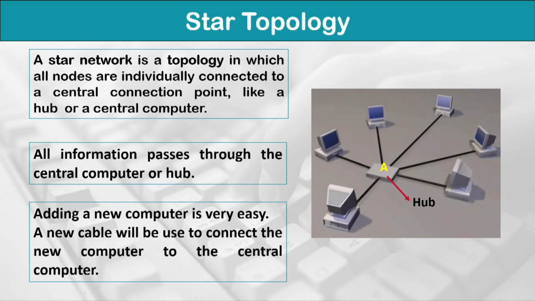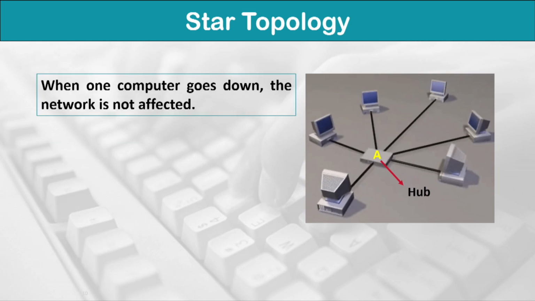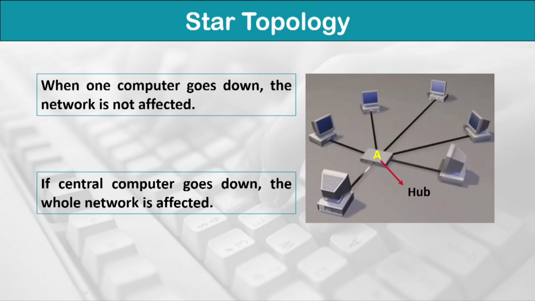Adding a new computer is very easy. A new cable will be used to connect the new computer to the central computer. When one computer goes down, the network is not affected. If the central computer goes down, that is the hub, the whole network is affected.